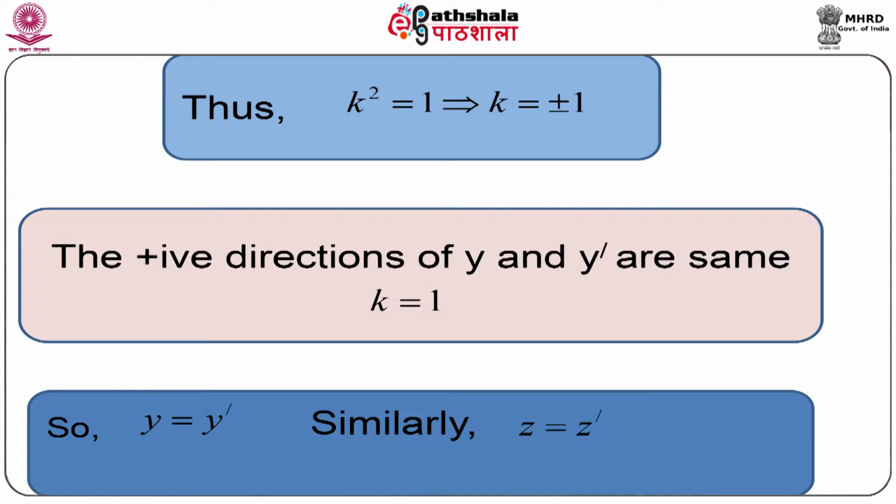The distances a and a' are measured with the help of measuring sticks which are at different states of motion, and therefore, the ratio k equal to a'/a must depend on velocity v.